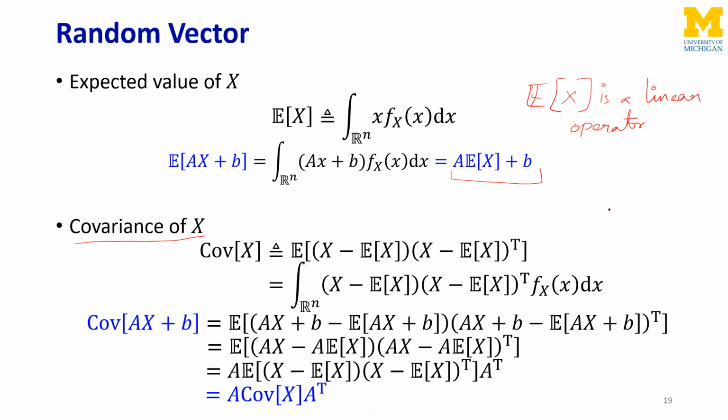Again, maybe a simpler case. So let's say you had a PDF which looked like this. In this case, because these points near zero have high probability density function value, you're more likely to see these values. And you're less likely to see values which are outside.